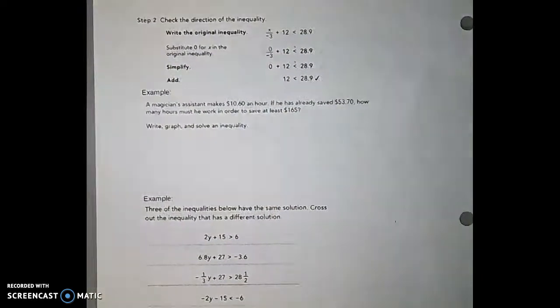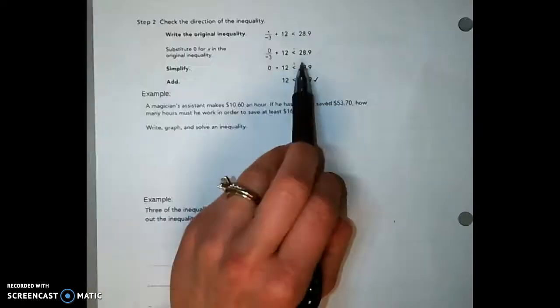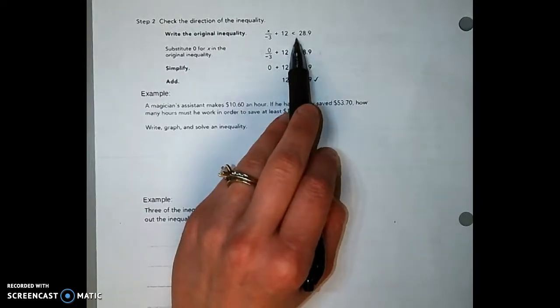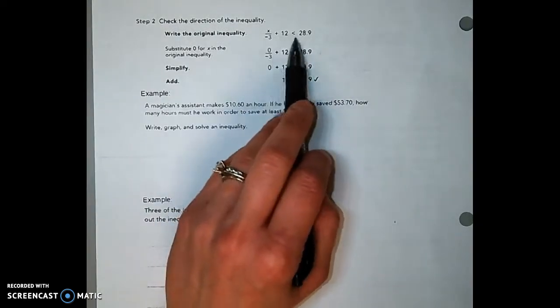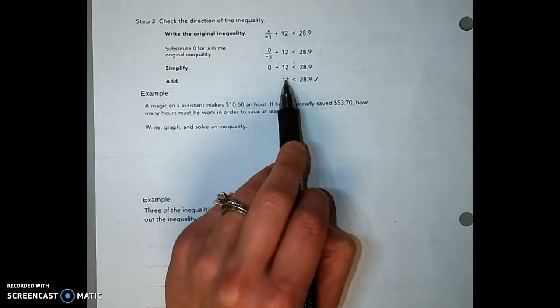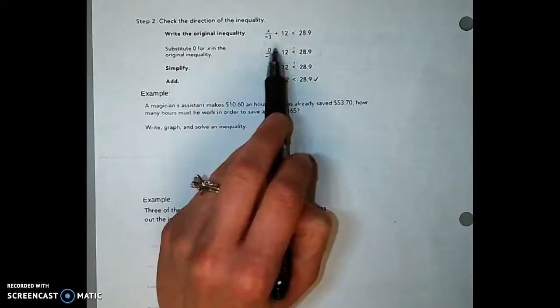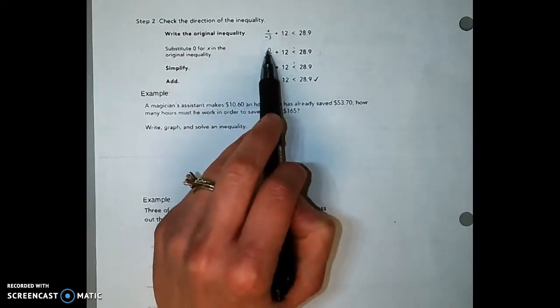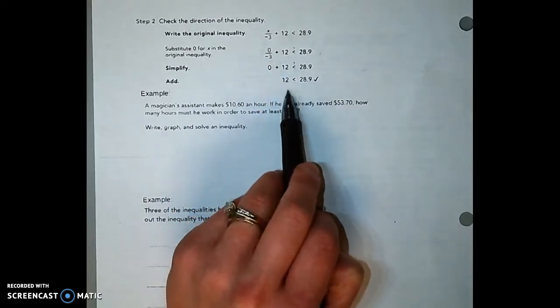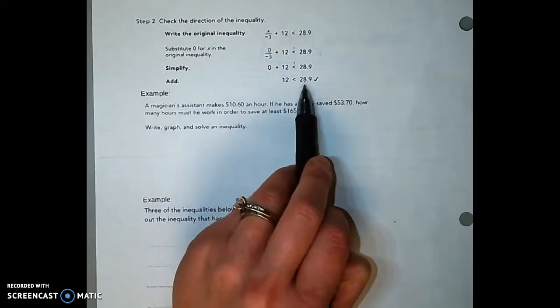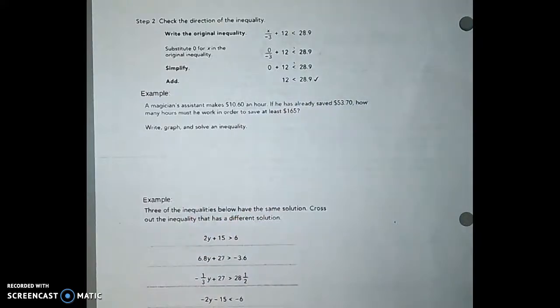So they replace x with 0, and then in this case they use a less than sign. That's what we started with, because they want to make sure that when I plug this in, what I get truly is going to be less than 28.9. So when we replace x with 0, first we take 0 divided by negative 3, which just gives us 0, and then 0 plus 12 gives us 12. 12 is less than 28.9, so we know that our arrow is facing the correct direction.